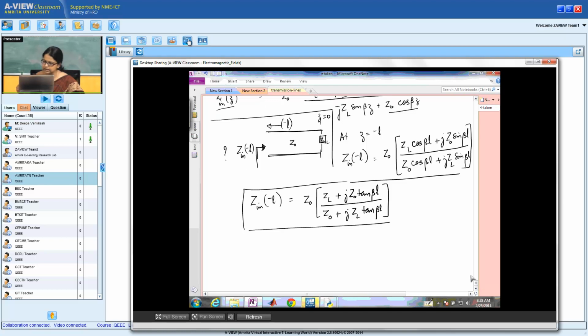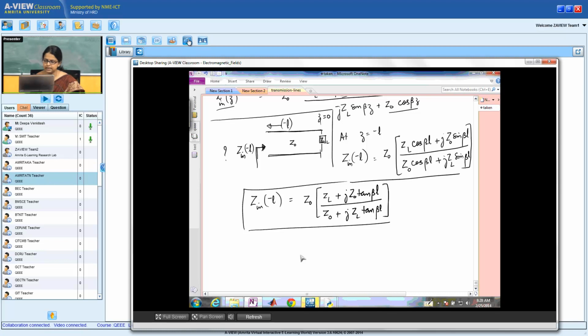Because this relation is going to finally help me solve my transmission line problem and make it look like a circuit theory problem, right? So how am I going to do that? What is the physical meaning of this relation?